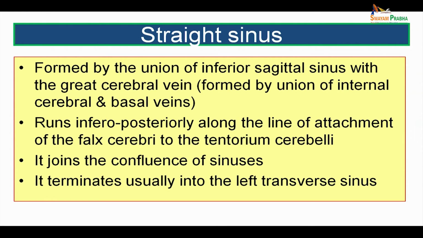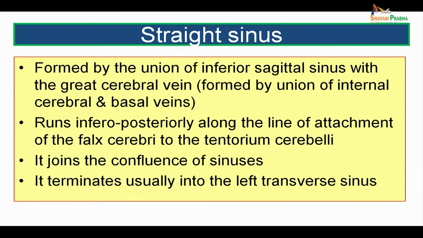This great cerebral vein of Galen is formed by the union of the internal cerebral veins and the basal vein. The straight sinus runs infero-posteriorly along the line of attachment of the posterior broad end of the falx cerebri with the superior surface of the tentorium cerebelli.